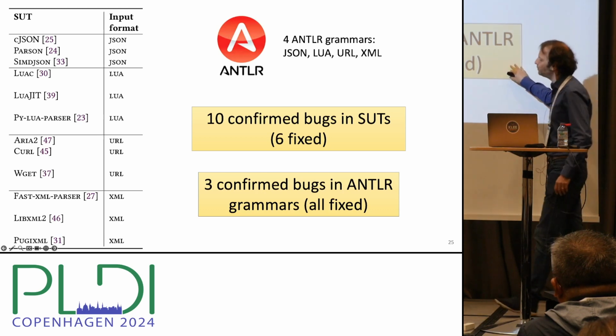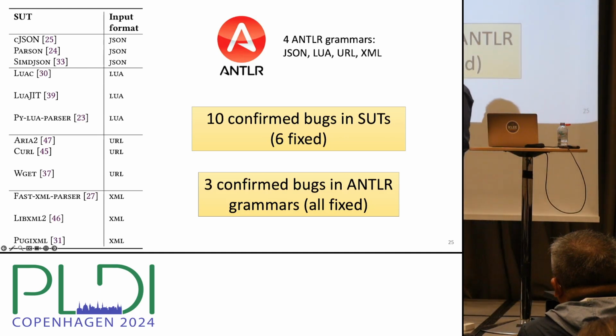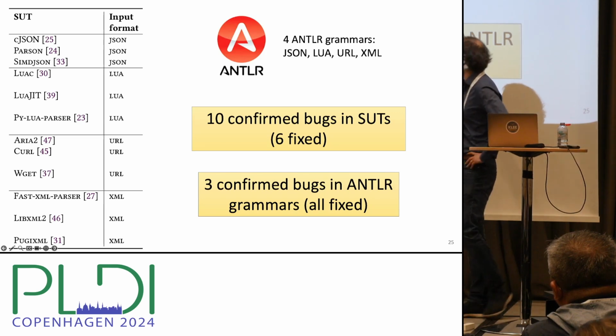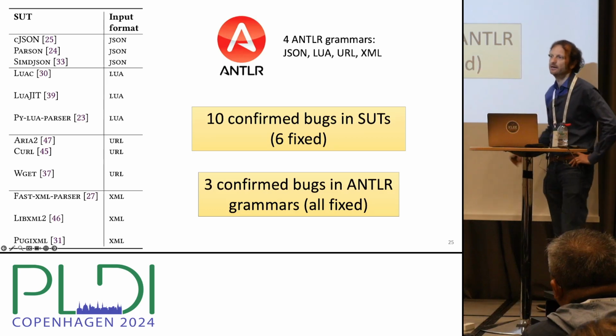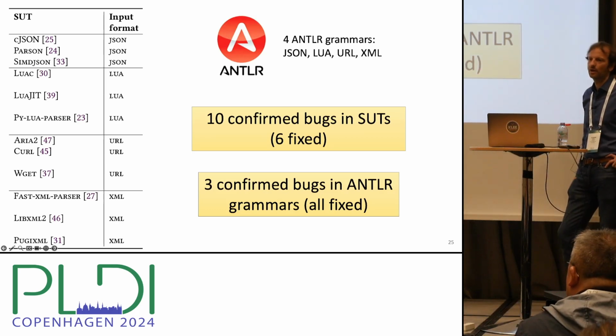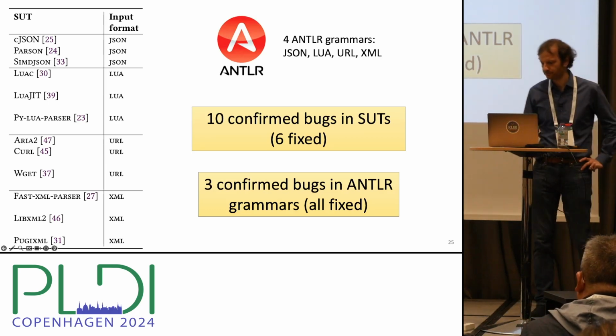Interestingly enough, we started with ANTLR, which has a repository of grammars for many different formats, and that's what we use here. And we also found 3 bugs in these grammars, which were all fixed to date.